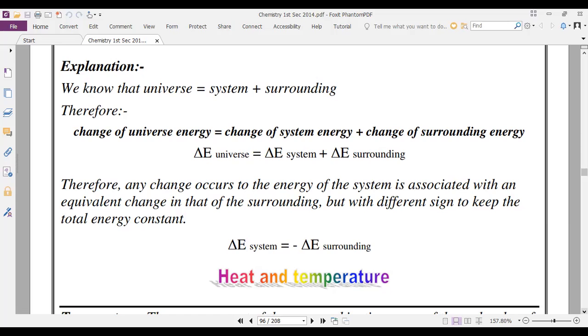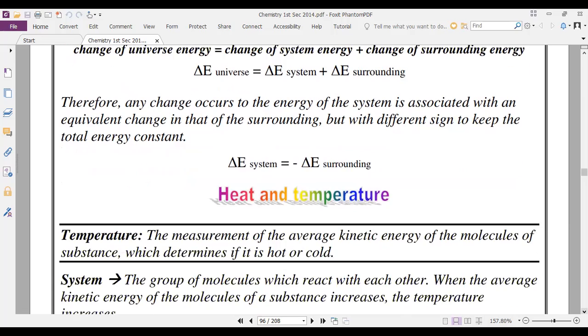By burning the magnesium strip, you will get energy produced. The energy absorbed by the magnesium strip will be met by the energy produced from this reaction. Do you understand, Mariam? Yes. So delta E system equals negative delta E surrounding, right?